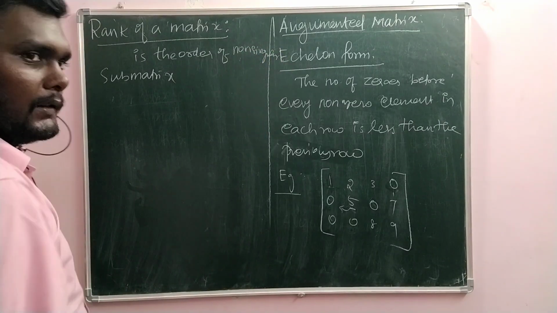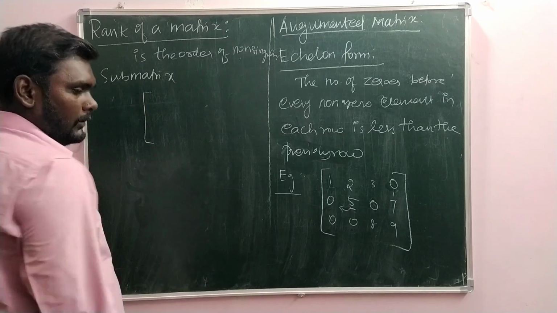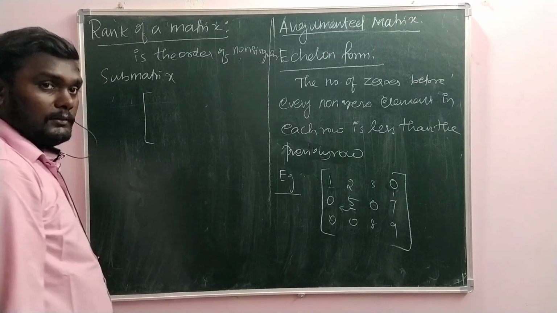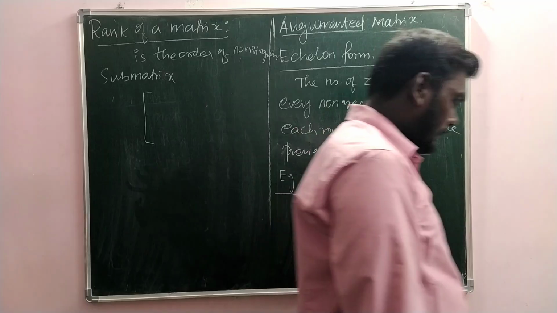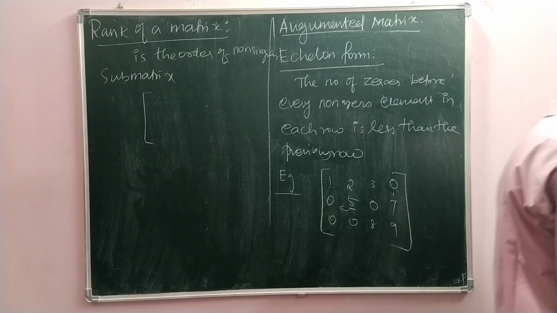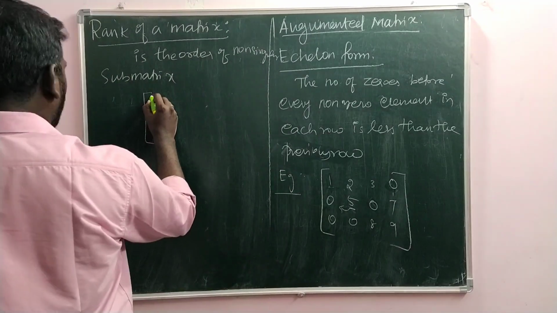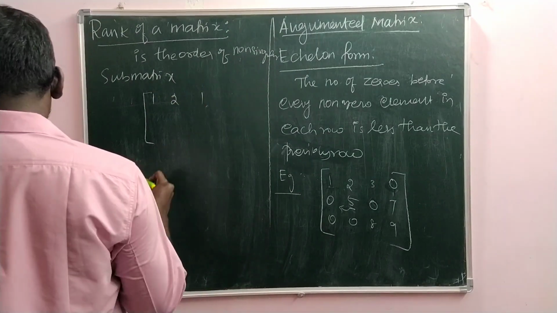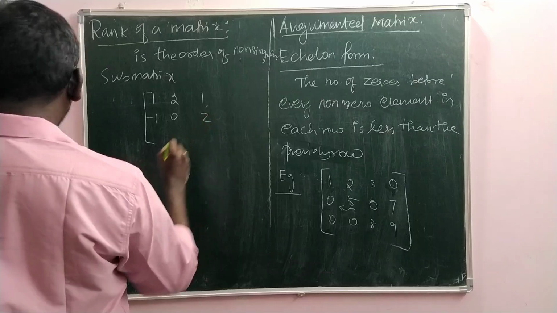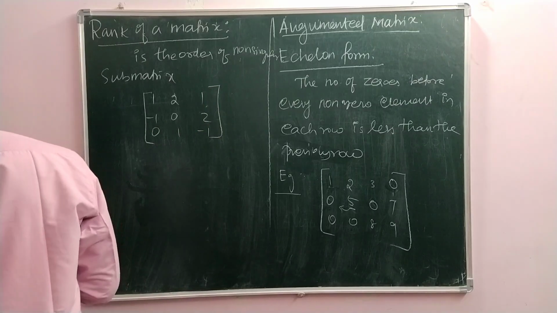For that matrix, we should be finding the determinant. Let us write a matrix: 1, minus 2, 3, minus 1, 0, 2 and 0, 1, minus 1. This is a matrix.